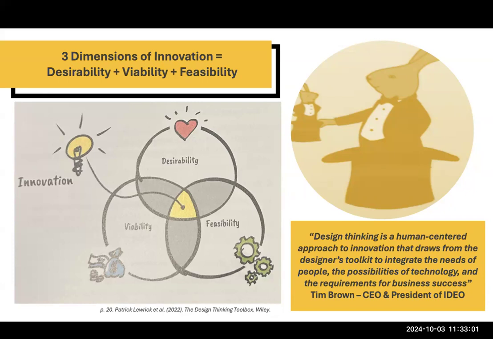Is this something that's actually doable? And finally, is it feasible? Is it actually going to work? Have we got the technological capability to make this happen? And I think thinking about the three dimensions of innovation, desirability, viability, and feasibility, is a really good framework for thinking about whether this innovation is going to work in this unique context with the reality of what we have facing us.